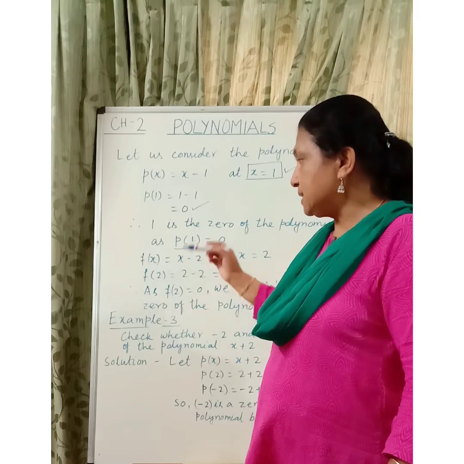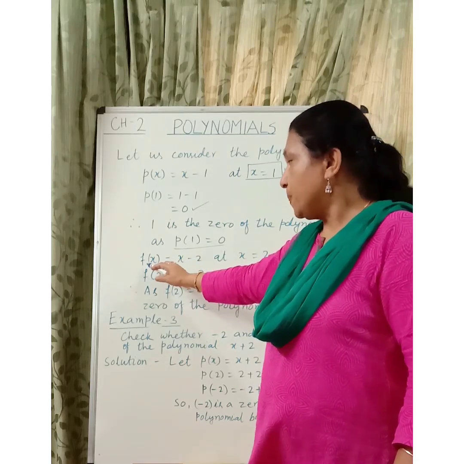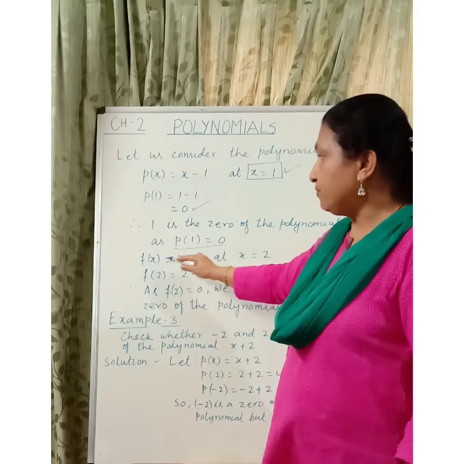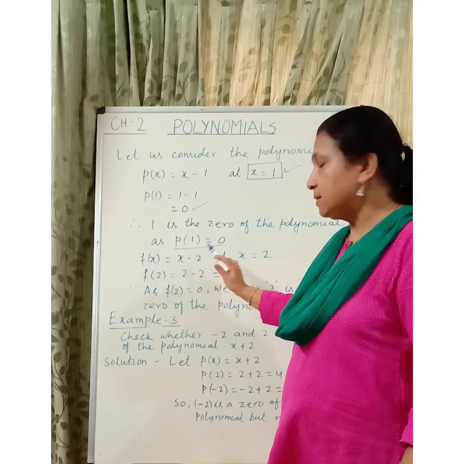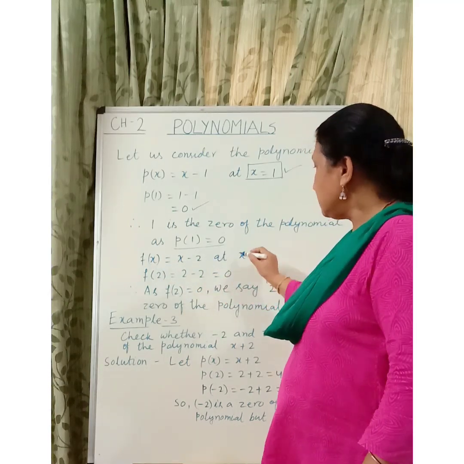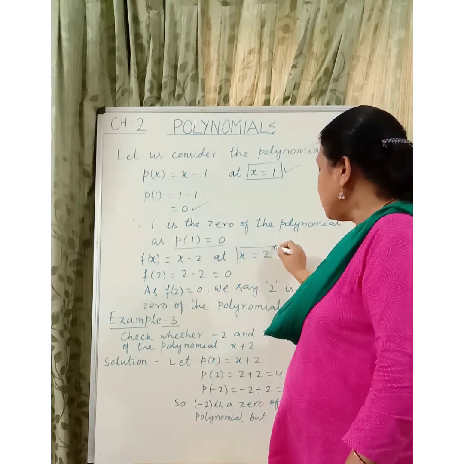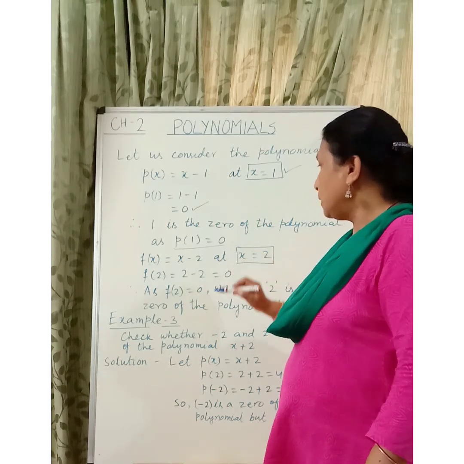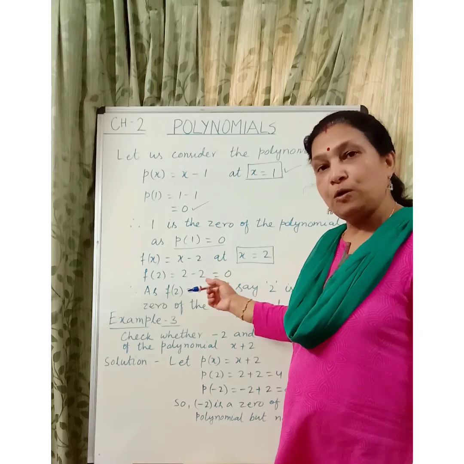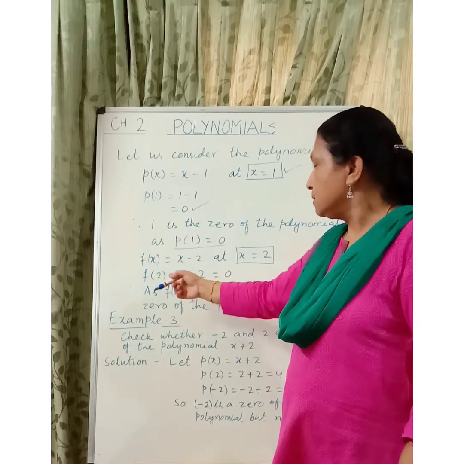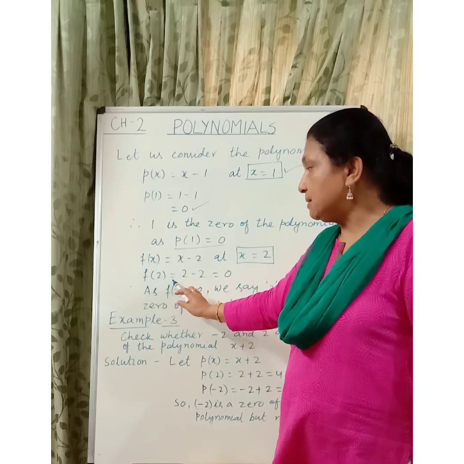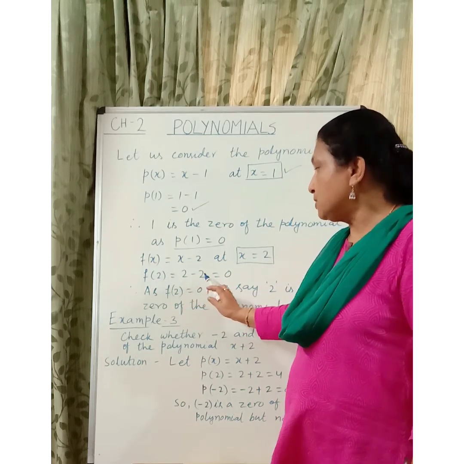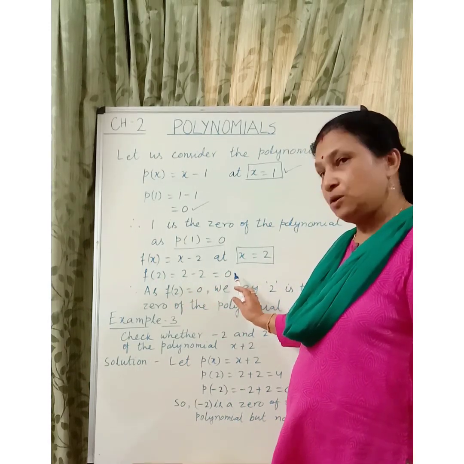Here another example. Suppose the polynomial we have taken here is f(x), which is equal to x minus 2 at x is equal to 2. Now we will be finding out the value of the polynomial at 2. So we write here f of 2, that is equal to 2 minus 2, which is equal to 0.